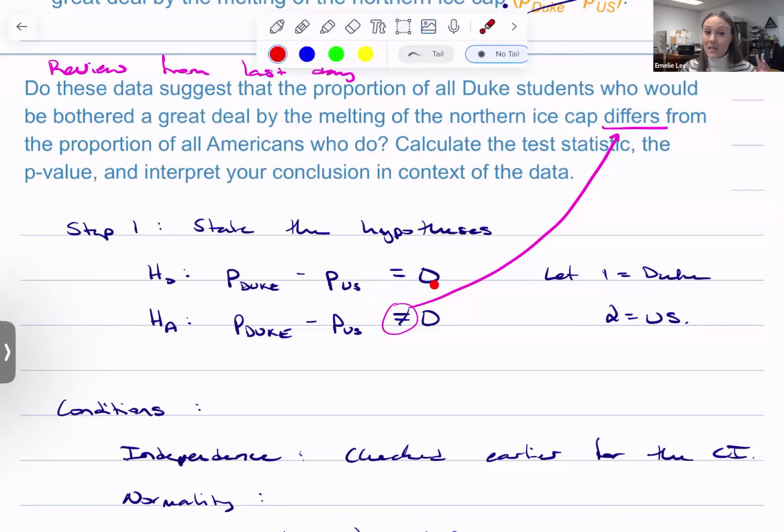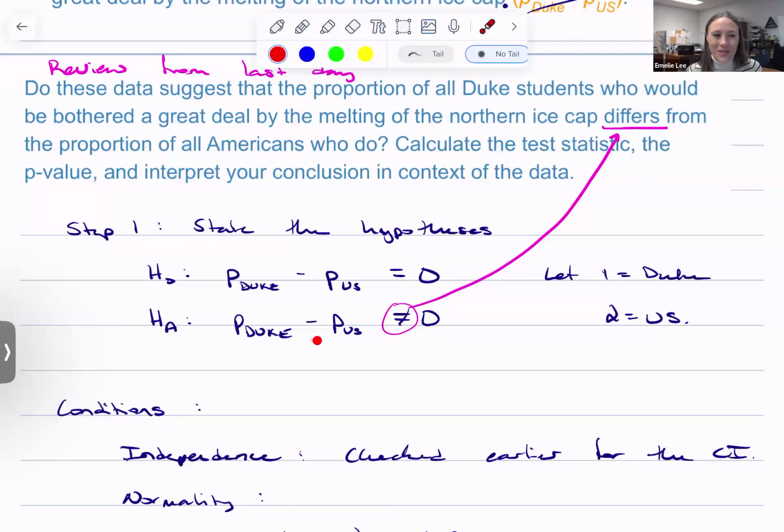What that means is that they're essentially the same. They're not significantly different. I want you to define group 1 and group 2. Because you guys are online, usually the question will say, let this be group 1 and let this be group 2, so of course you have to follow that, and that makes it a little bit easier.